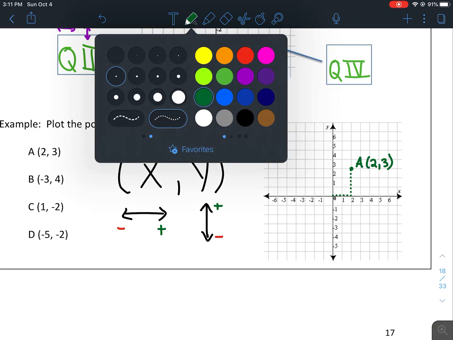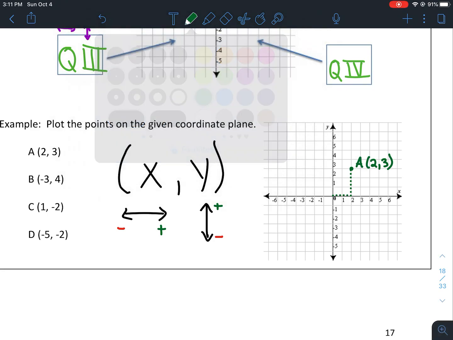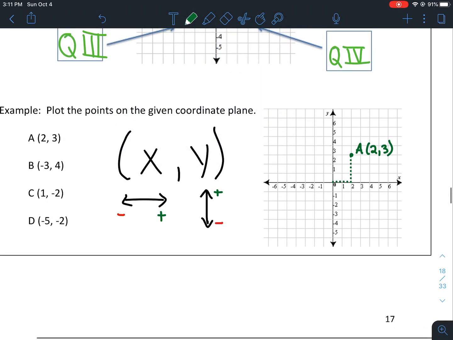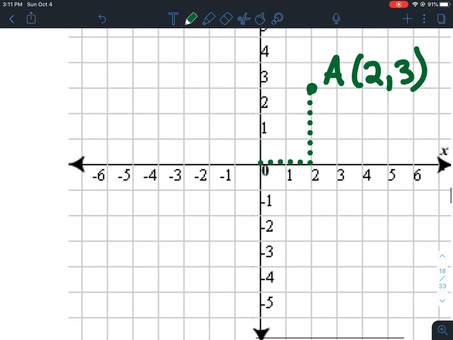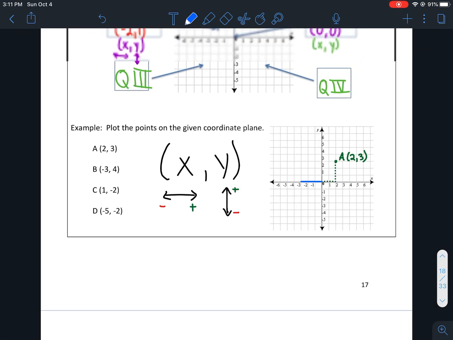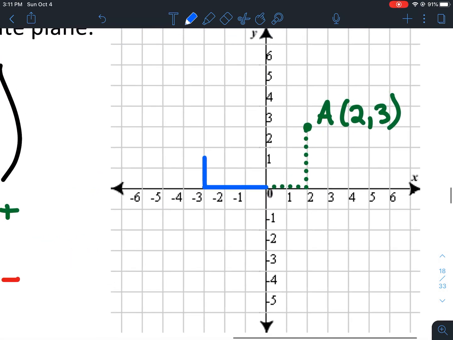For point B, (-3, 4). So this point, it's telling you to go to the left 3, and then up 4. So there's a point. That's point B, (-3, 4).